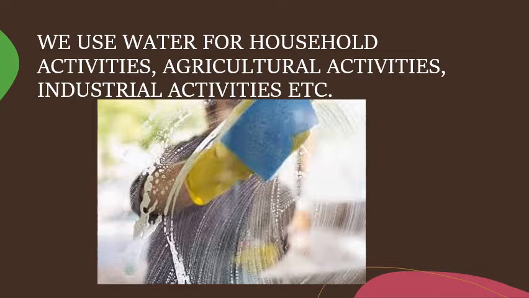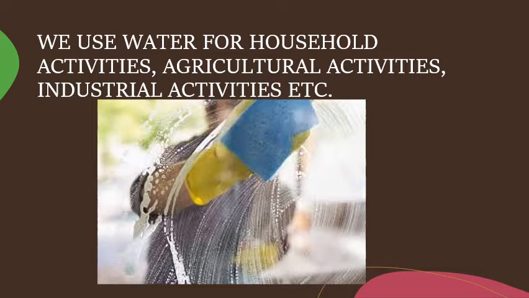If there is no proper water supply to the fields of the farmers, the plants will die and crops will not grow properly. So in agricultural activities we use a lot of water. Industrial activities means when we have to produce anything in a large quantity, in industries or factories.